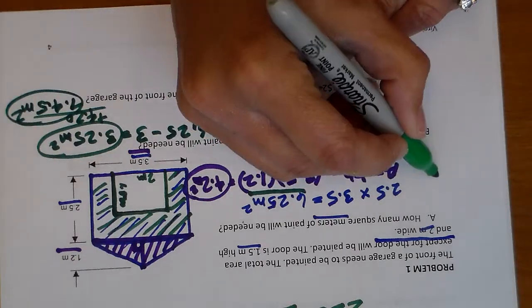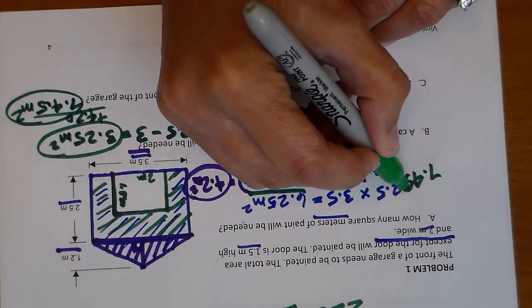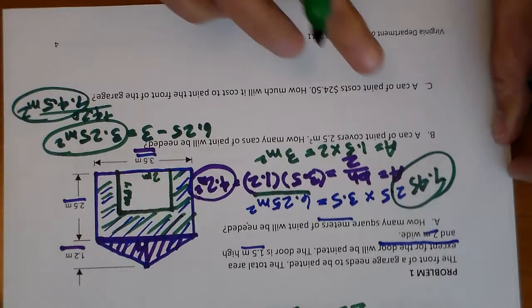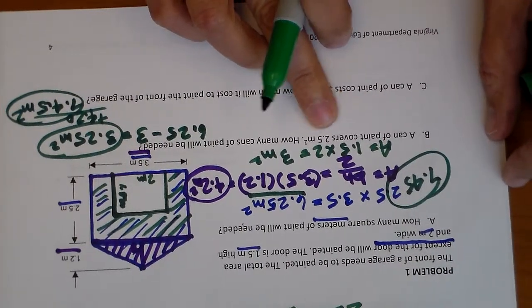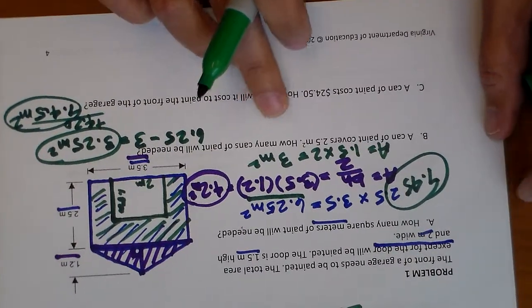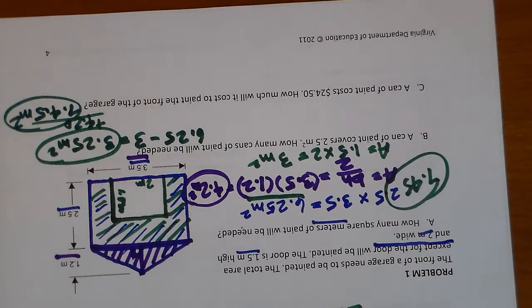So how many square meters of paint will be needed? 7.45 square meters. If a can of paint covers 2.5 square meters, how many paint cans will we need?